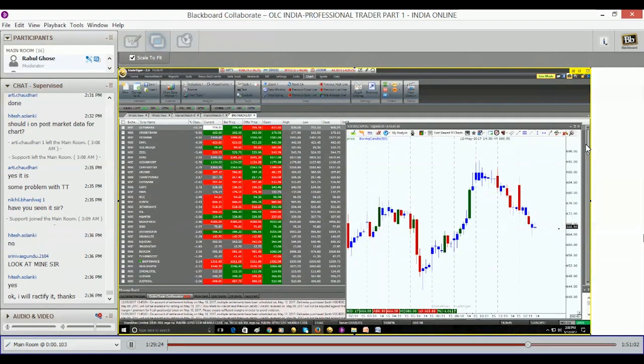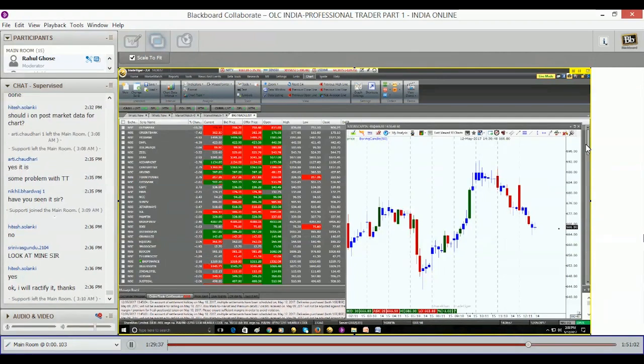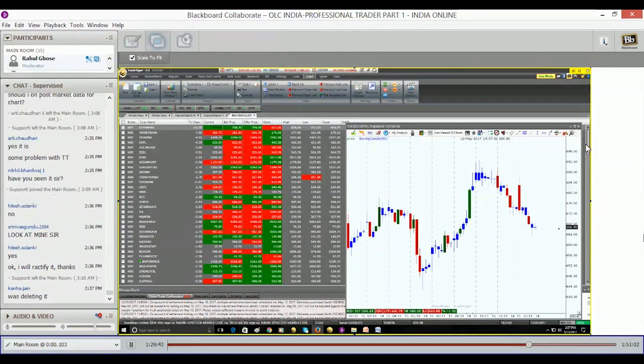Srinivas, I'm coming. Great, Hitesh. Monica, you've also marked level 1, the 667 level. If you notice, you have to cut candles if you have to go to that level. Prices have come and touched that level again, so it is tested. Perfect, Monica.